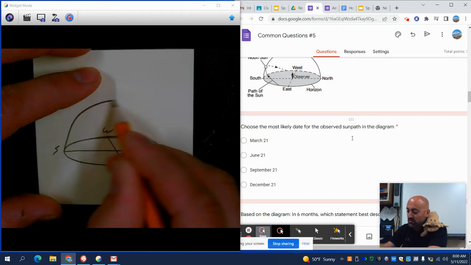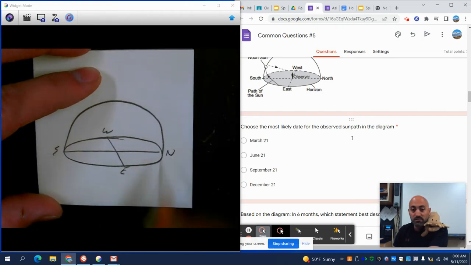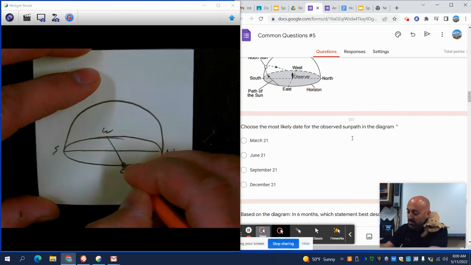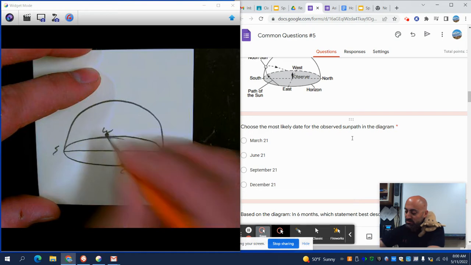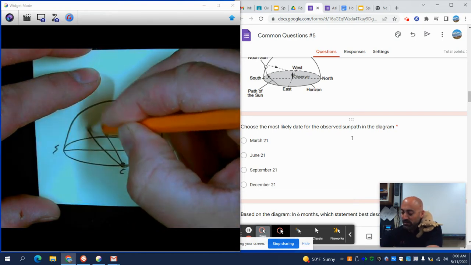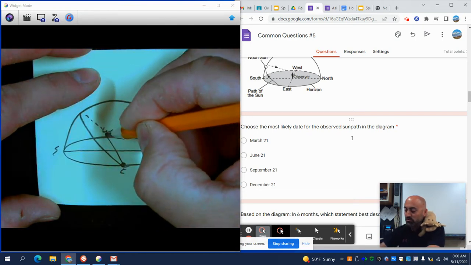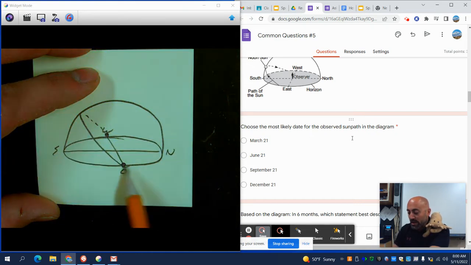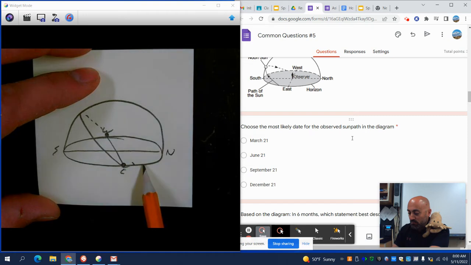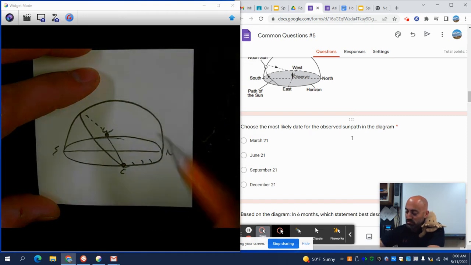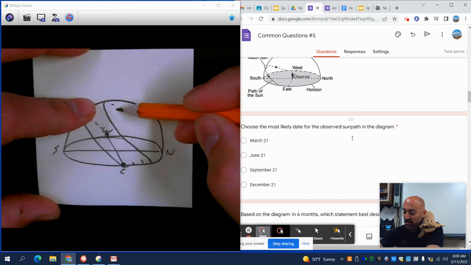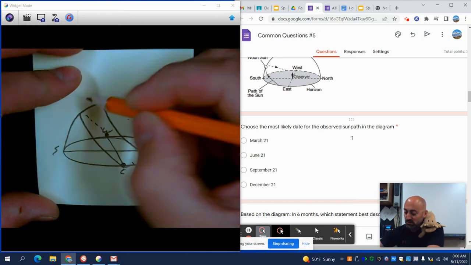When you're looking at these diagrams, okay, when something rises right in the east and sets right in the west, that's going to be March or September. And then you've got to remember, from March, April, the sunrise is going to be here. May, and then June, the sunrise gets the highest. Like that. And it changes by 23.5 degrees each season.